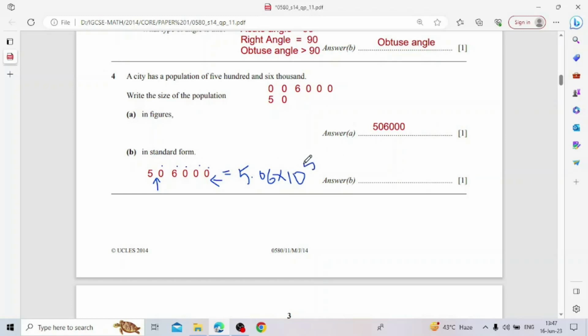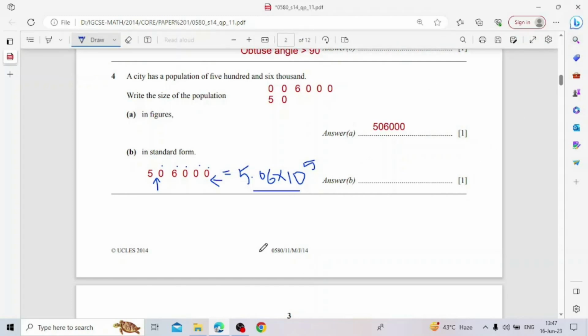So 10 to the power of 5. Yes, so this is the answer. This is called standard form. Hope you got how to count the numbers and form a standard number. So 5.06 times 10 raised to positive 5.